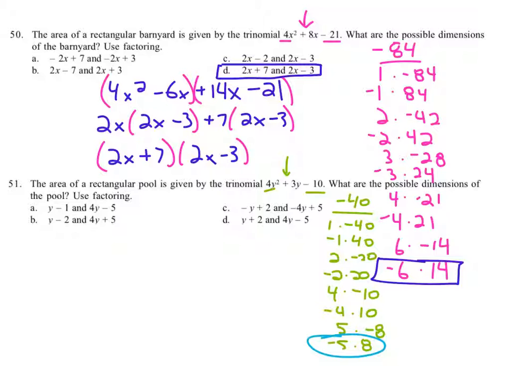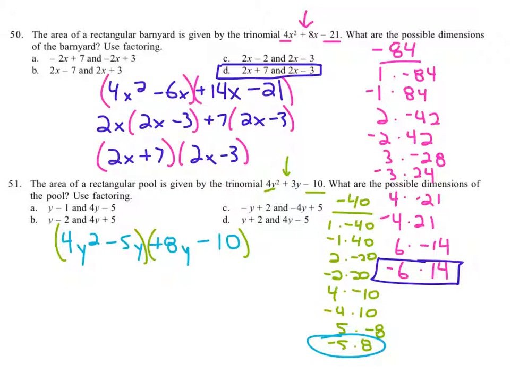So on the left-hand side, 4y squared, and that 3y is going to be a negative 5y and a positive 8y. Those go together to be the positive 3y. And then minus 10. Now we're going to group these two together and these two together and factor out what we can.